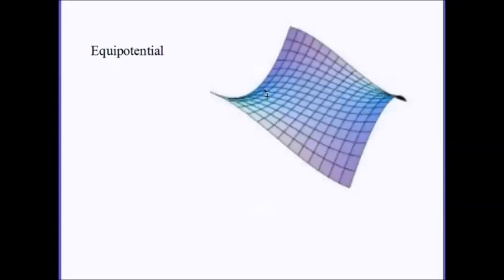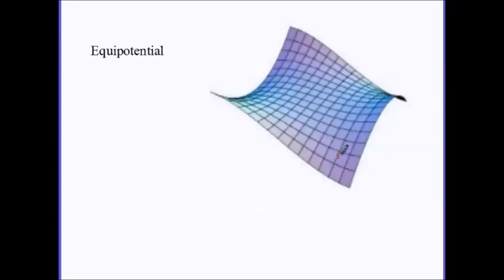Suppose this image here was of an equipotential surface. That is, this membrane represents a series of locations that all have the same potential. So if, let's see, we go red here.